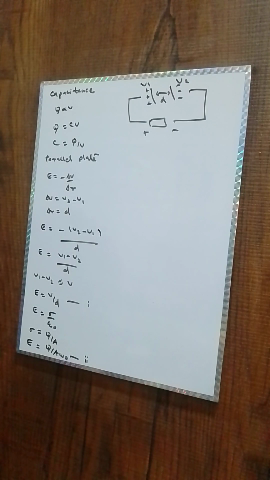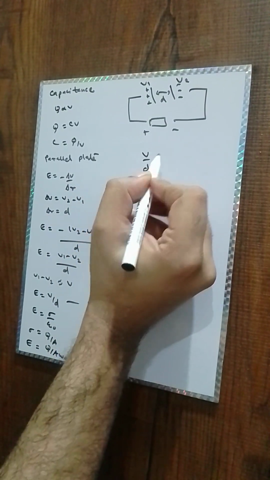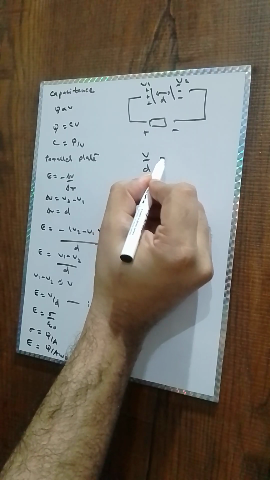You see, so this is the situation. So now we have two forms for E. One is E is equal to V by D, and the second one is E is equal to Q by A epsilon naught.